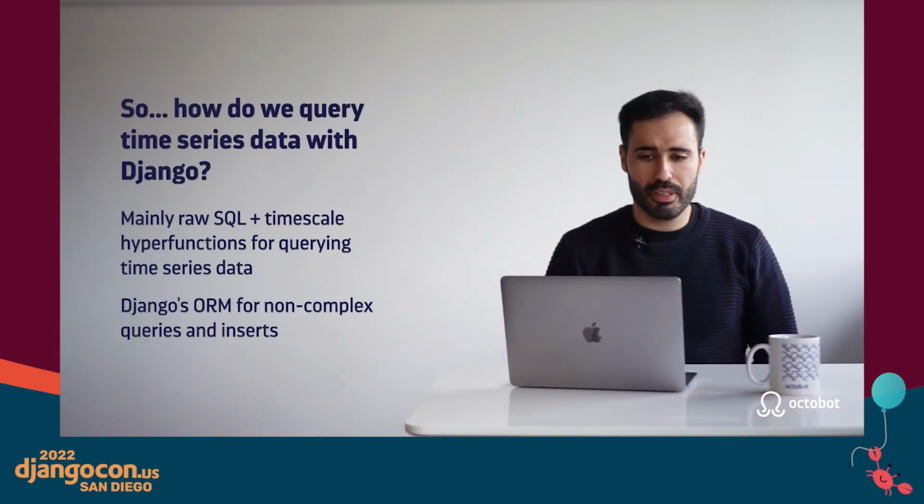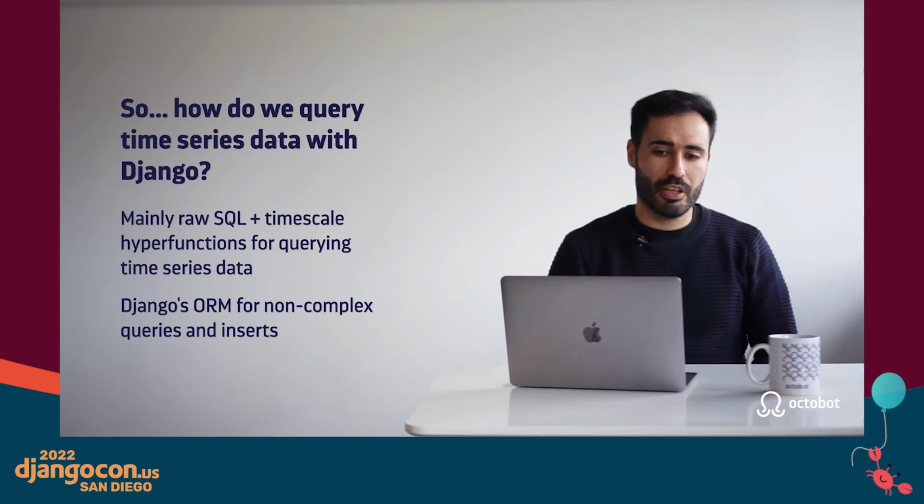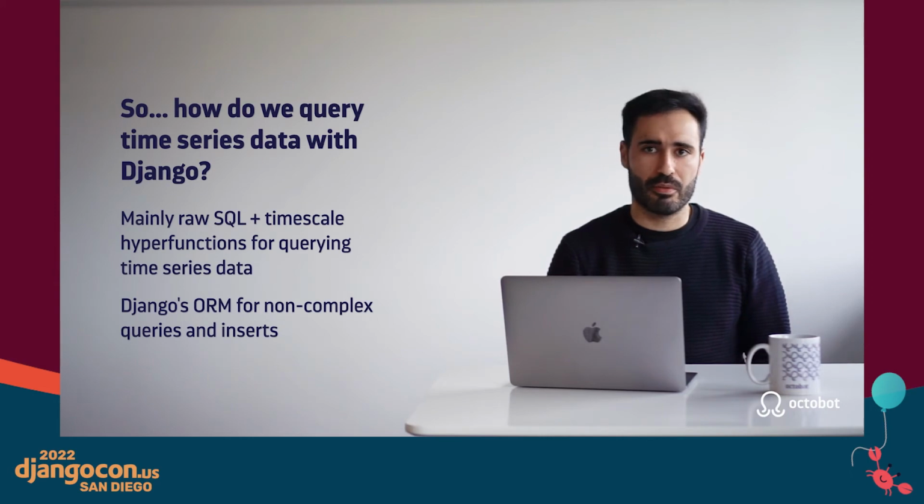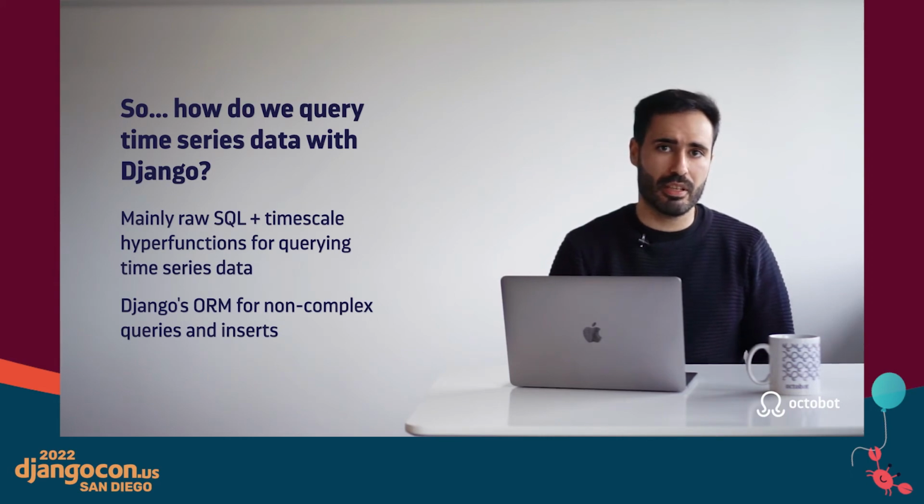So how do we query time series data with Django? The truth is that we mainly use raw SQL queries using Timescale hyperfunctions for querying time series data. Hyperfunctions are a specialized set of functions that allows you to analyze time series data.